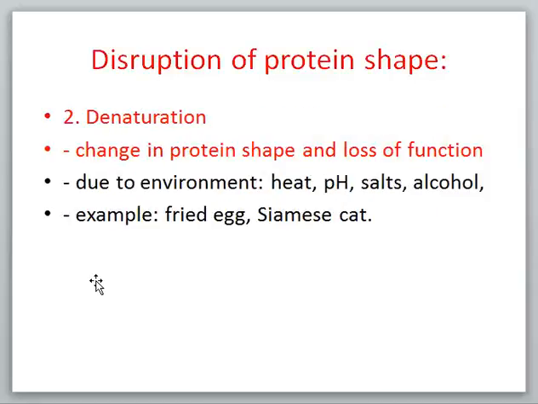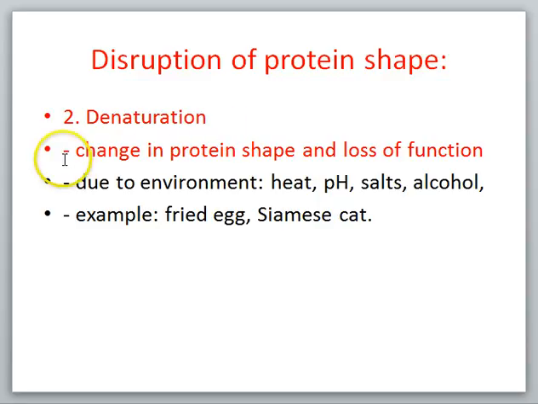Okay, the other way that we could have a disruption of protein shape is kind of after the fact. The protein has been made correctly, but then some environmental factor disrupts the shape of the protein. So we have what's called denaturation, or to denature a protein is to take away its nature, to take away its characteristics.